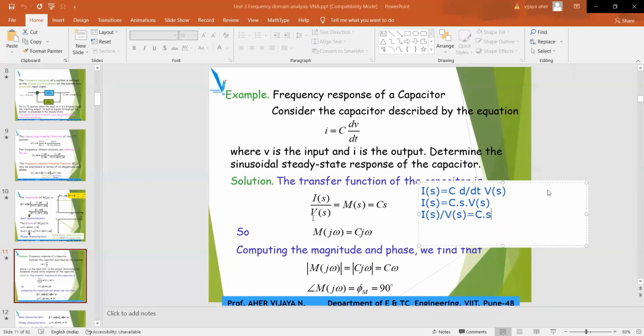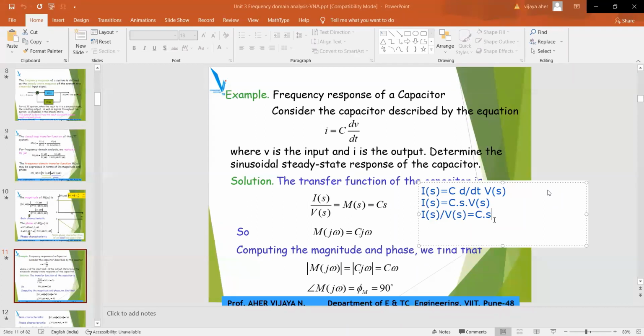I of S divided by V of S is equal to M of S, which is C into S. The same equation I have written over here, and this is how you will get this equation.